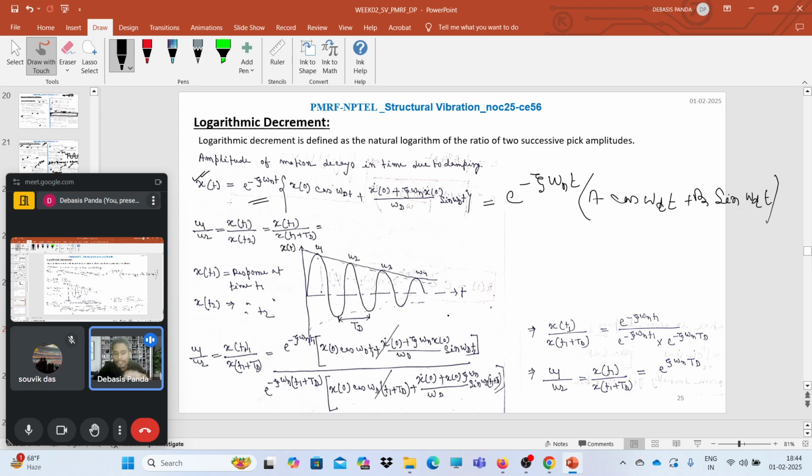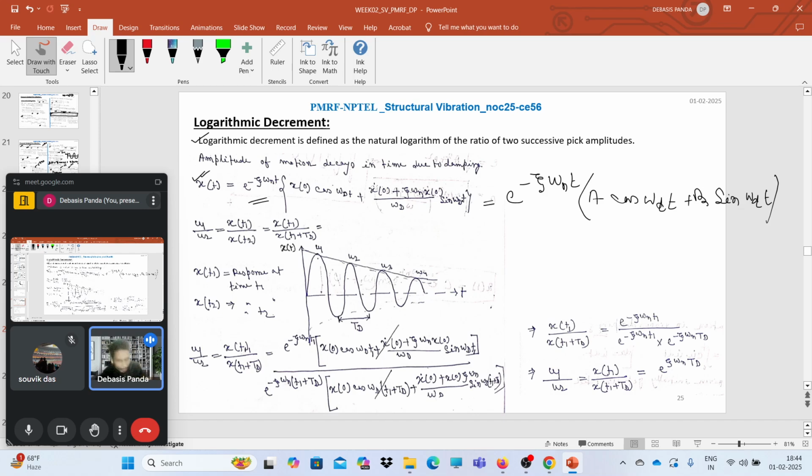From the number of cycles and from the free vibration response, either displacement response or acceleration response, we can directly calculate the value of xi. The logarithmic decrement is defined as the natural logarithm of the ratio of two successive peak amplitudes, because the amplitude is reducing. So if we take the ratio of two successive peak amplitudes and take the natural log, we will find the logarithmic decrement.